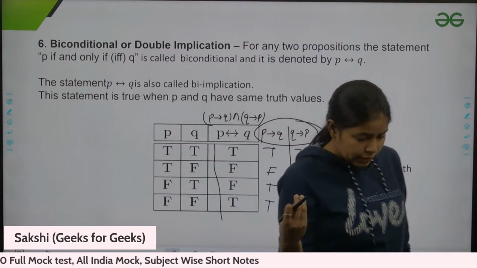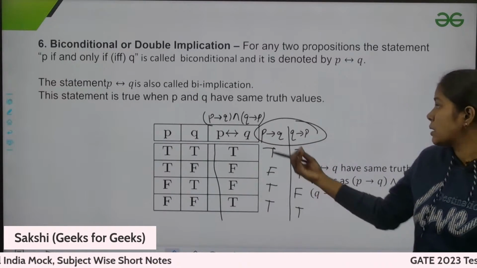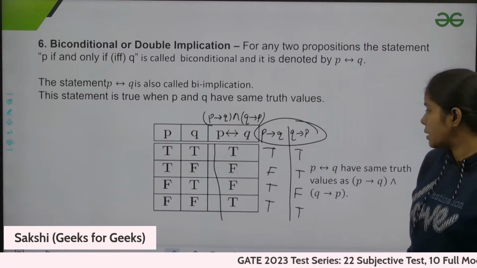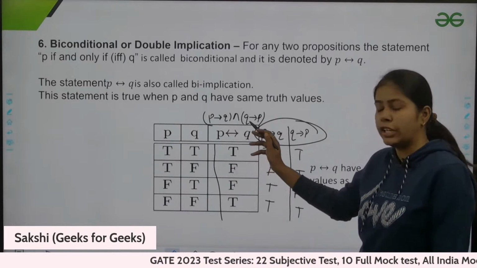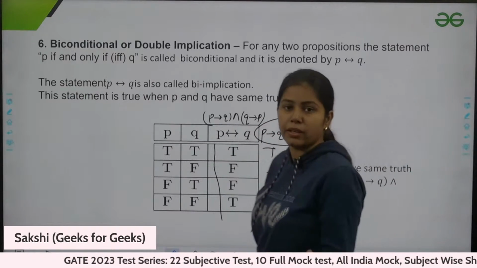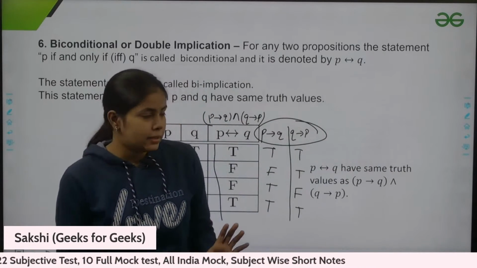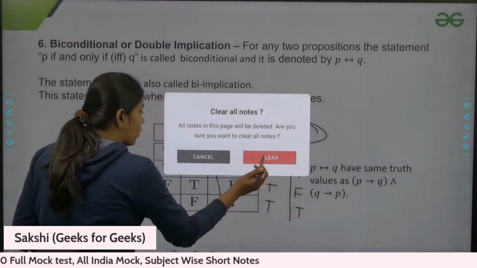So if you get the same truth value, that means they are biconditional or double implication, right? So p if and only if q is equivalent to if p then q and if q then p, right? So yeah, these are all the connectives.